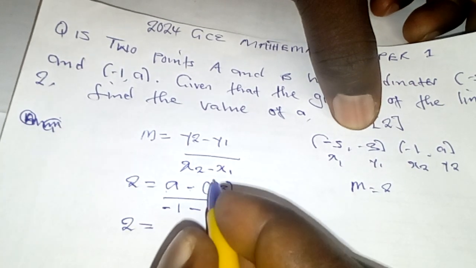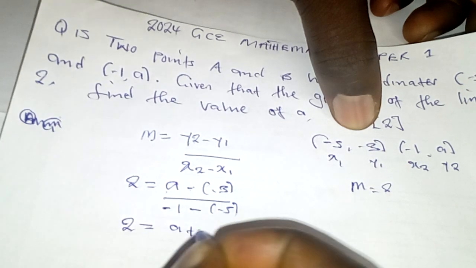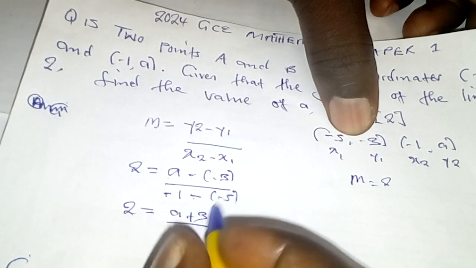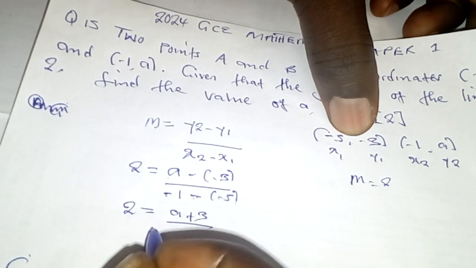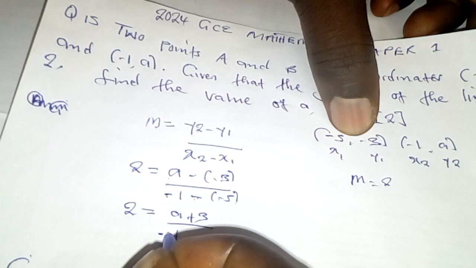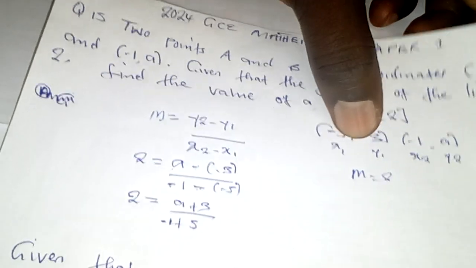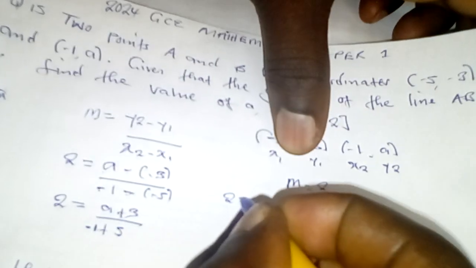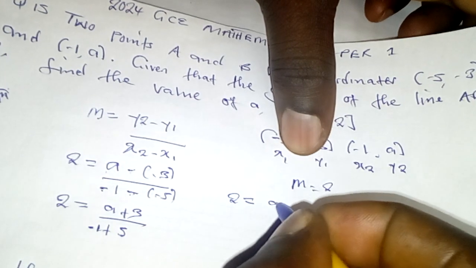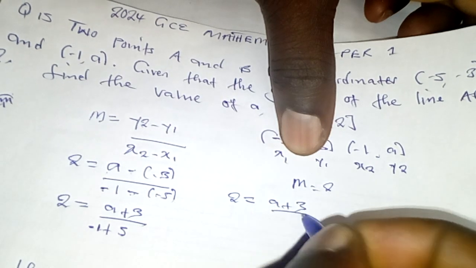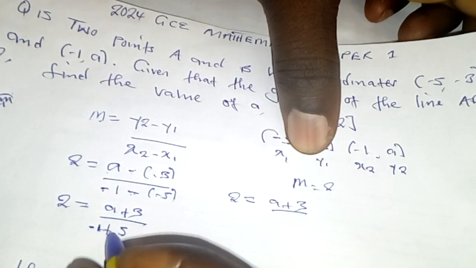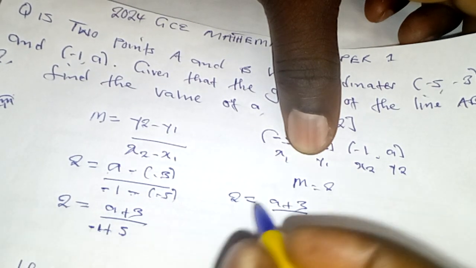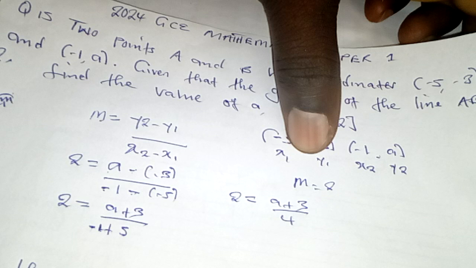Negative times negative is positive, so we have a plus 3 over -1 minus -5. Negative times negative, so this is -1 plus 5. So 2 equals a plus 3 over -1 plus 5. Different signs, we subtract, so this is 4.